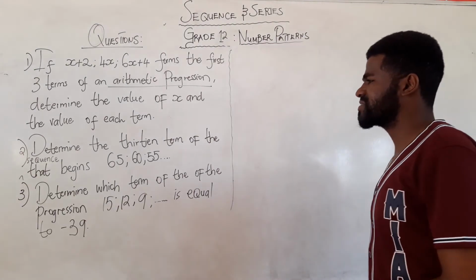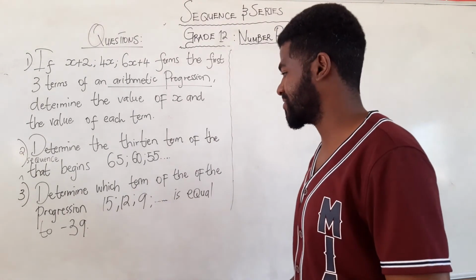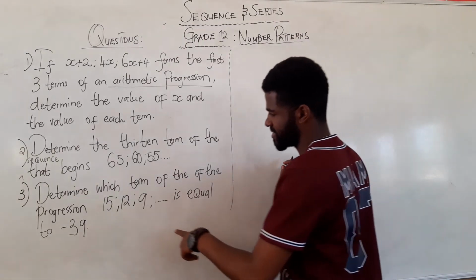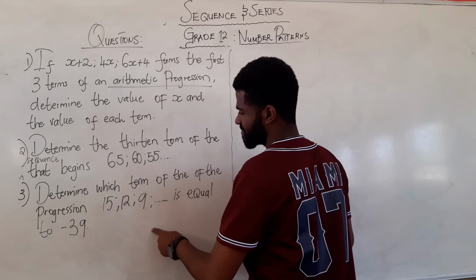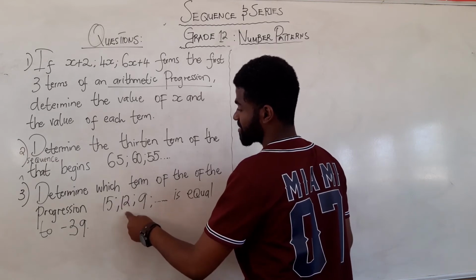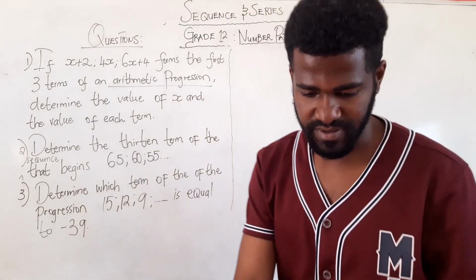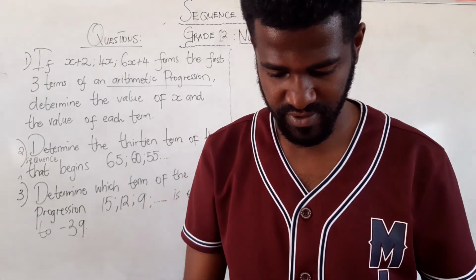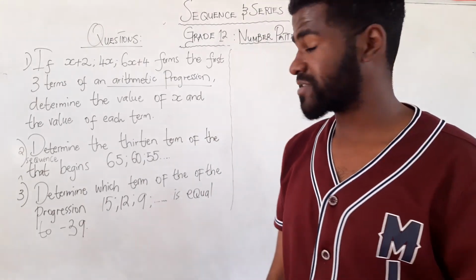Now, how do we determine if this type of sequence is geometric or arithmetic? We're going to say 9 minus 12, which is going to be, let me check here, 9 minus 12 is negative 3.